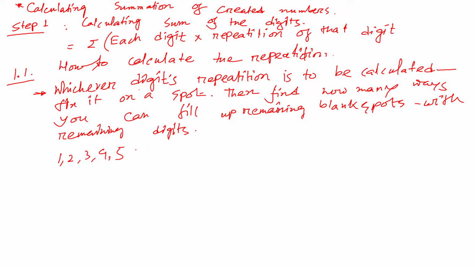So first step was to calculate each digit times repetition of the digit, to calculate the sum of the digits, right? So let us first of all fix 1 here. So we are left with 4 digits. How can we fill up the 4 digits in this spot? In how many ways?